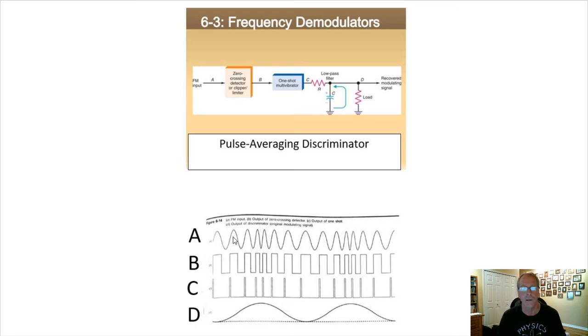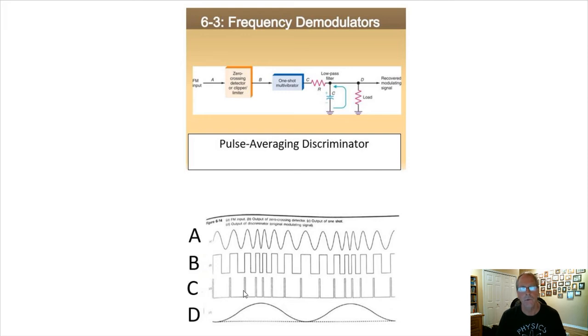Here's your FM wave: higher frequency here, lower frequency here, and higher frequency here. The zero crossing detector outputs not a plain square wave, but a frequency modulated square wave. It basically takes a sine wave and turns it into a frequency modulated square wave. A zero crossing detector is usually like a comparator.